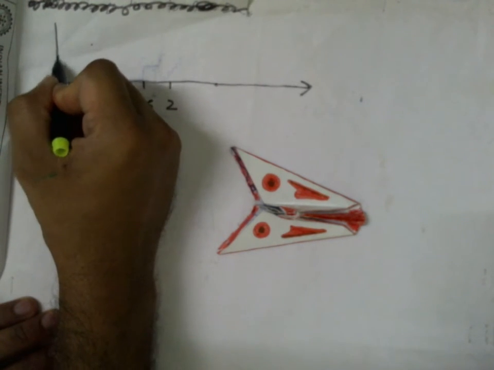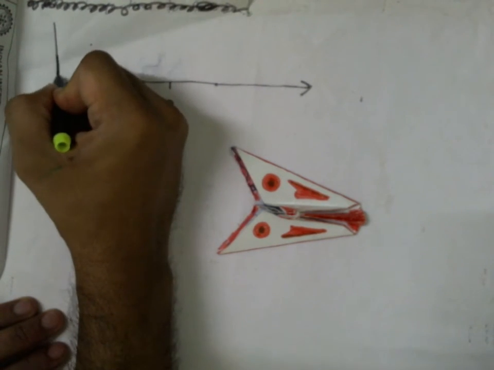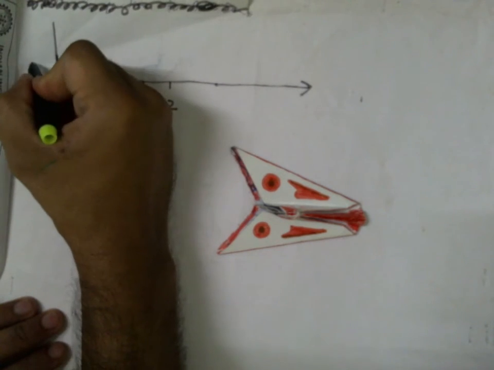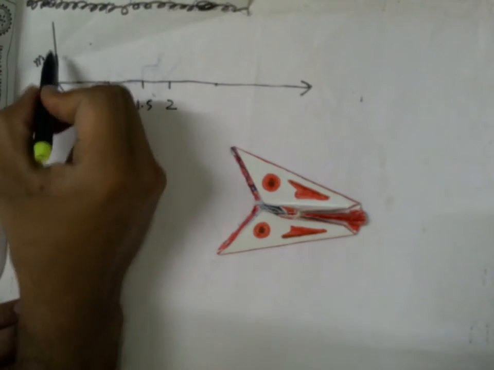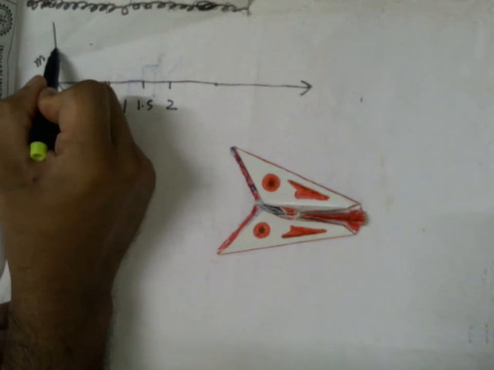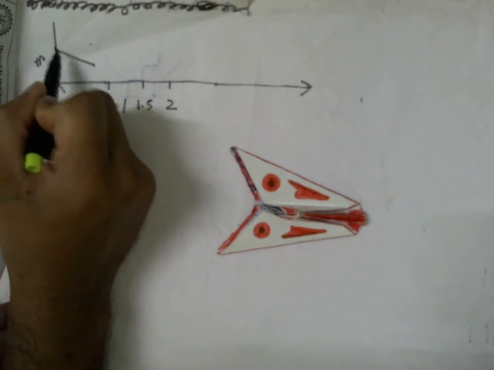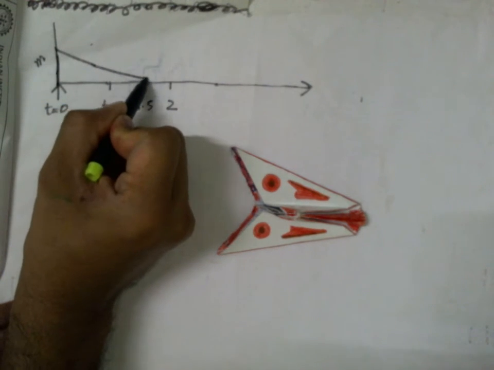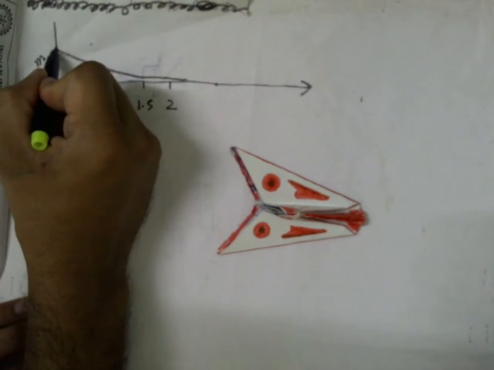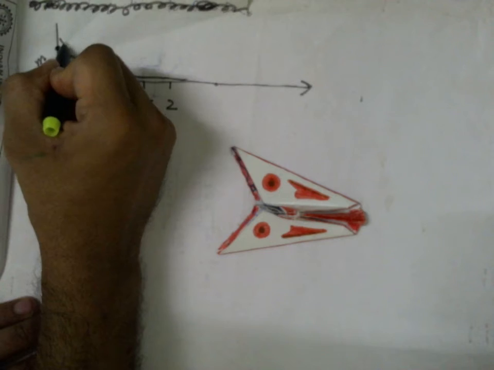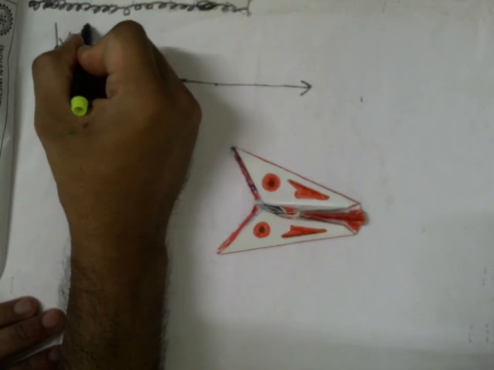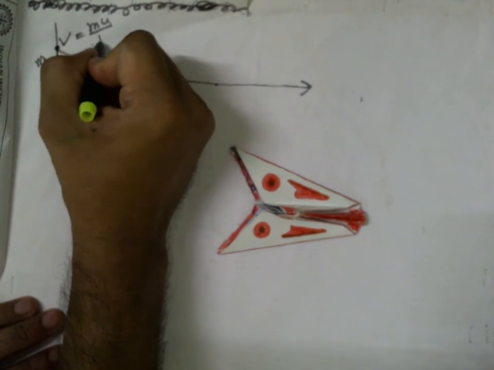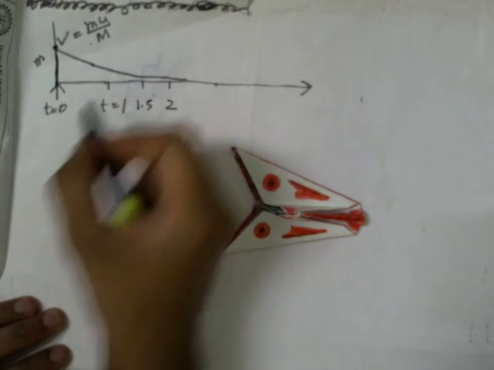If the amount of gas burnt at t equal to 0 is m, then we know that the velocity thus attained by the rocket will have a profile like this, where this starting value is equal to v given by mu by capital M.